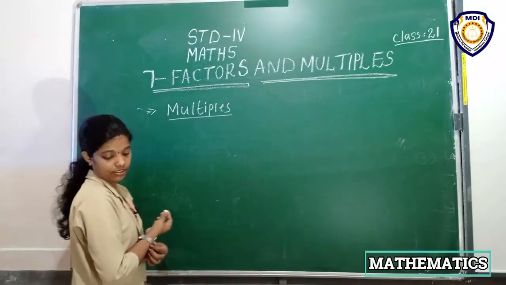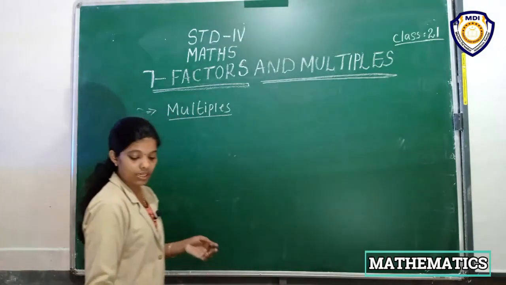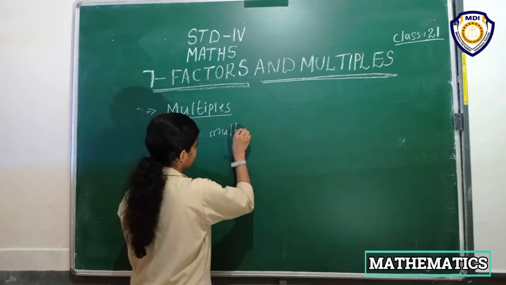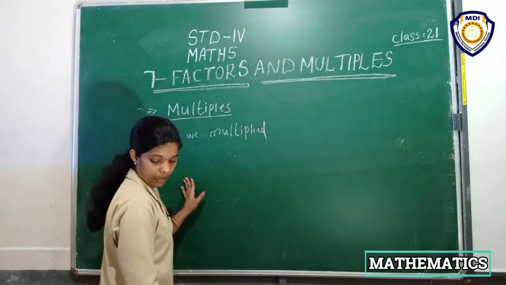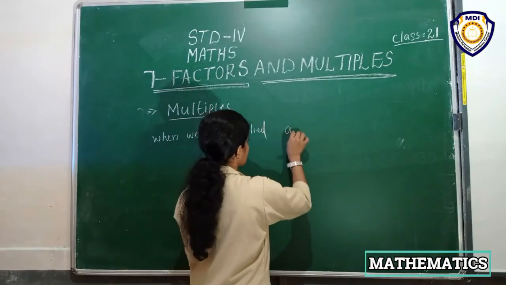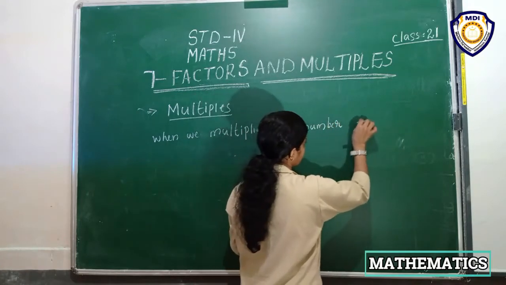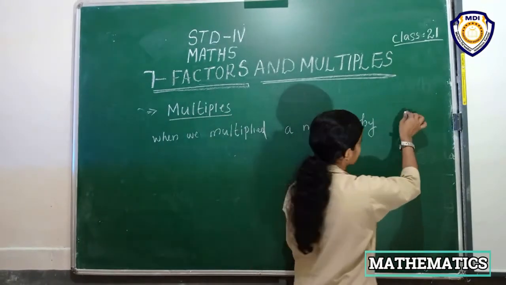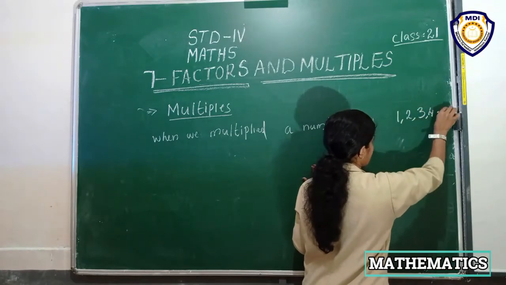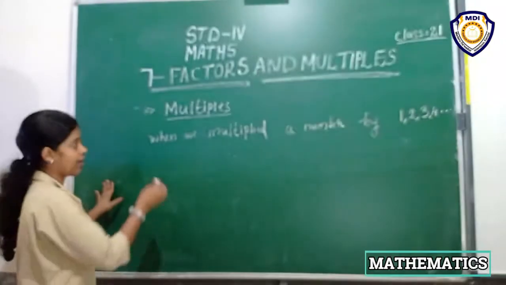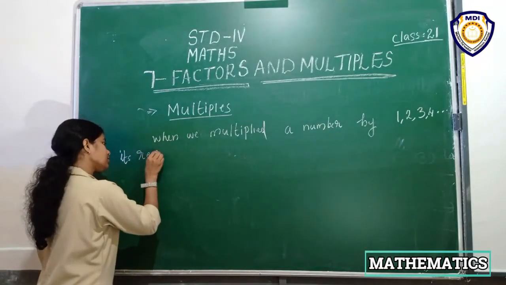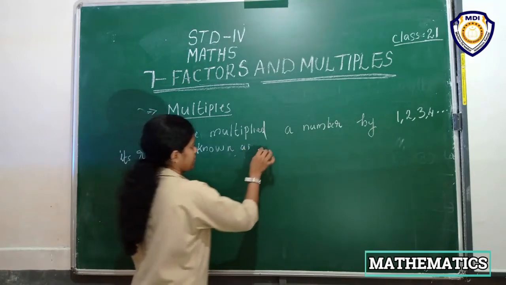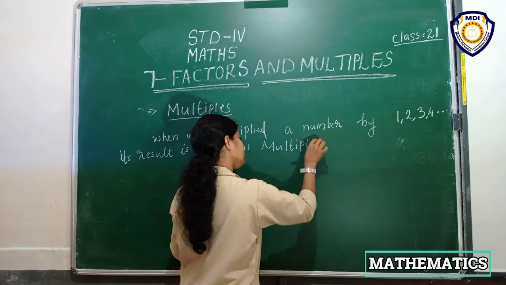When we multiply a number by 1, 2, 3, 4, etc., its result is known as multiples.